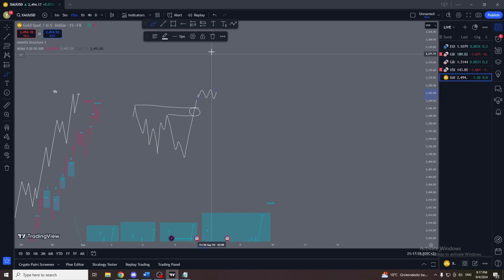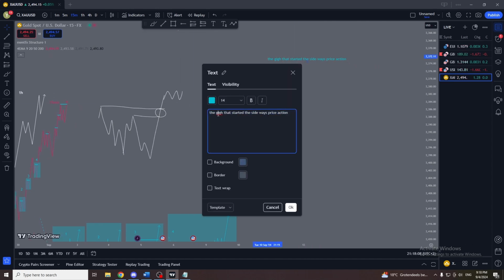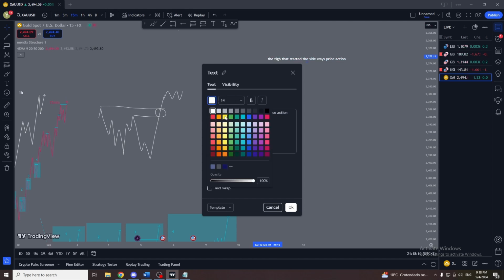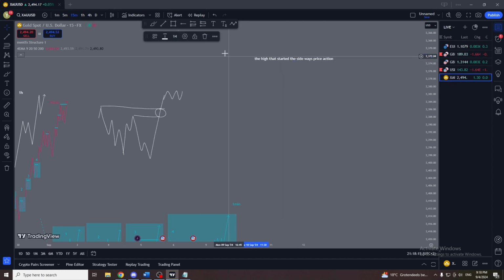The only difference is when I say the high that started the sideways price action on the 1 minute, I would pick a high that is confirming strength.